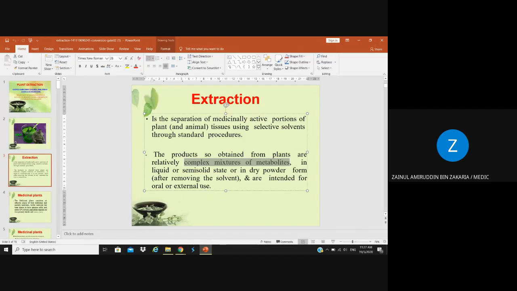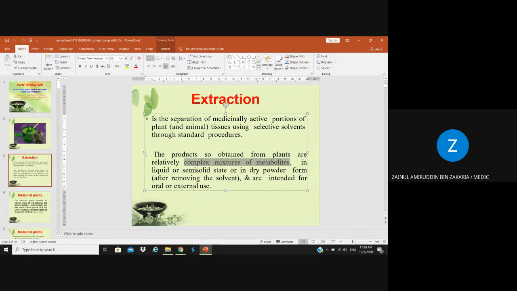If it is for treatment of colon cancer, for example, it needs to be used orally. If you are working on diabetes, then normally you give it orally or intravenously.